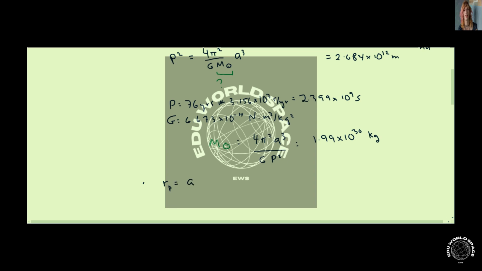The perihelion is shorter than the semimajor axis by using the eccentricity. And we get a little bit over a half an astronomical unit. And we can convert that into real meters if we want. We'll go ahead and do that.